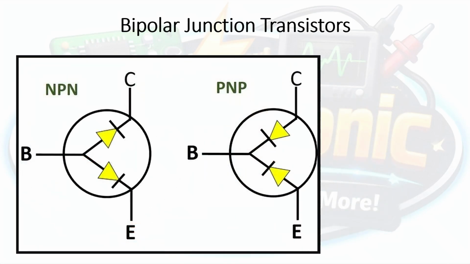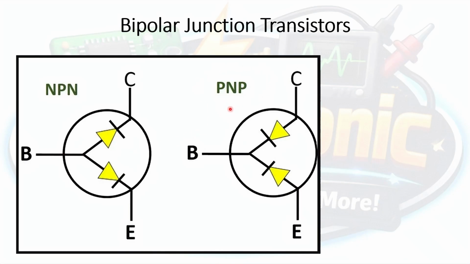Let us now try to answer the first problem I posed earlier. How do we know if a bipolar junction transistor is an NPN or PNP? What you see on this slide right now is the internal construction of an NPN and a PNP transistor. Here, on the diagram, you see that an NPN transistor is actually two diodes fused together at their anodes, with their fused anodes being the base of that transistor.